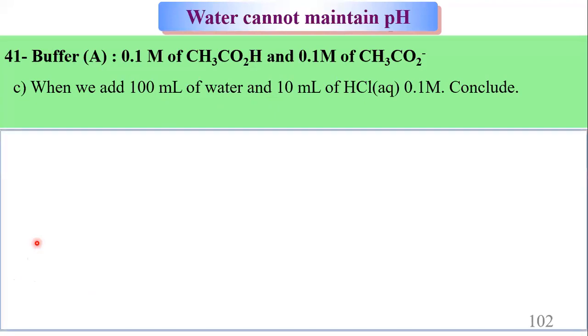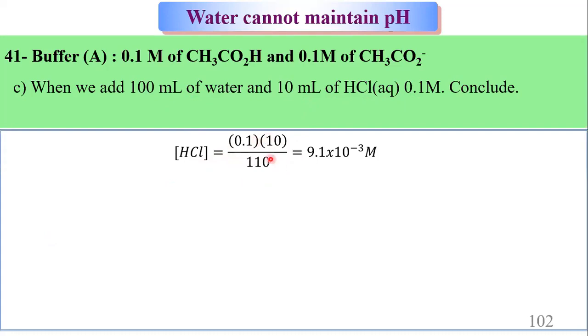If I add HCl to water, of course, you all know that the HCl will break up and become H3O+. Let's look at this concentration of HCl. We have 0.1 mole and 10 milliliters, and we're going to divide it by the total volume of my solution, which happens to be 100 milliliters of water plus the 10 milliliters of HCl, which is 110 milliliters total volume.